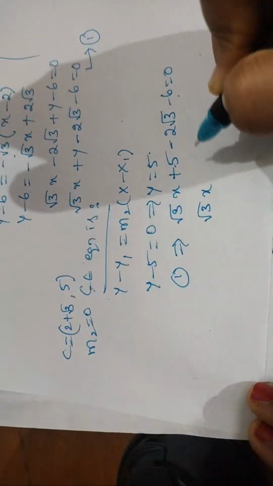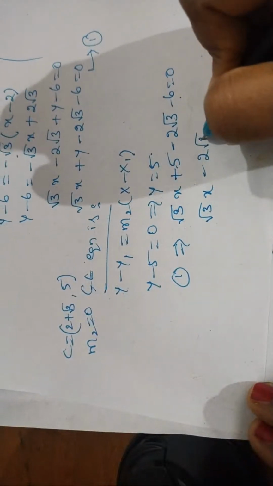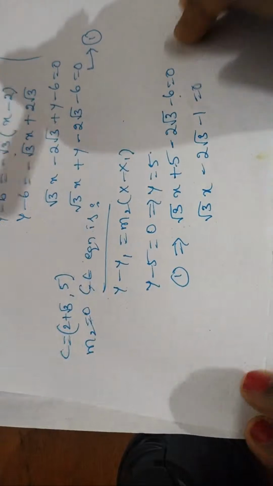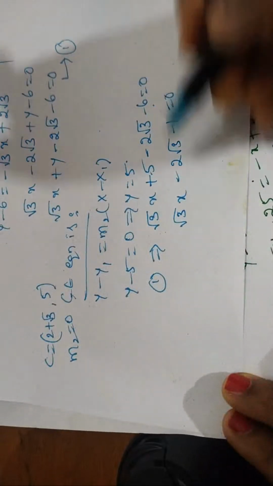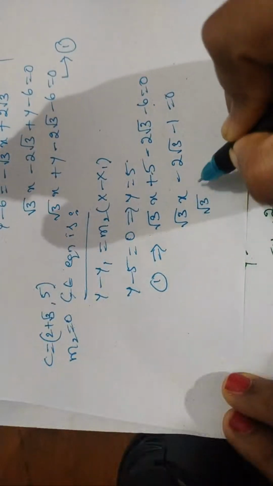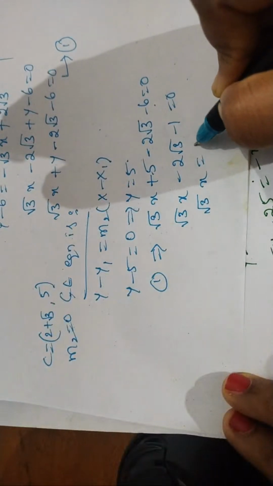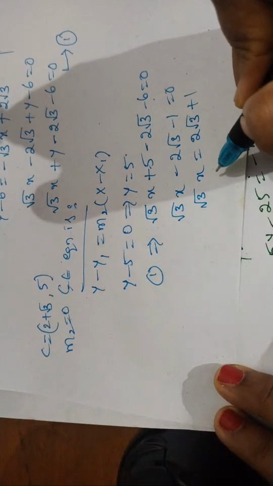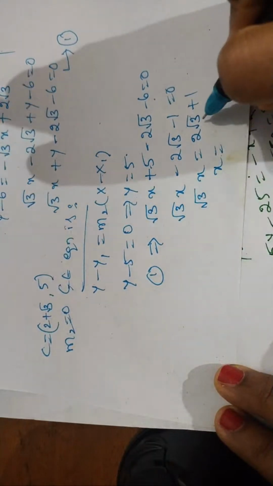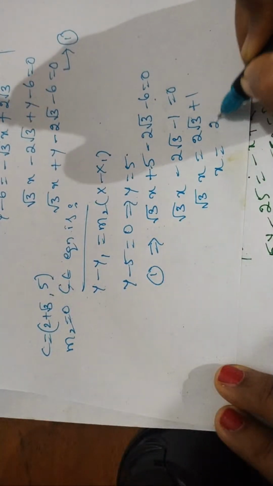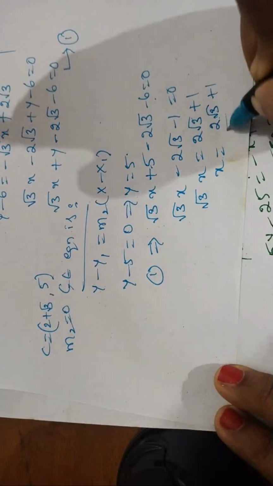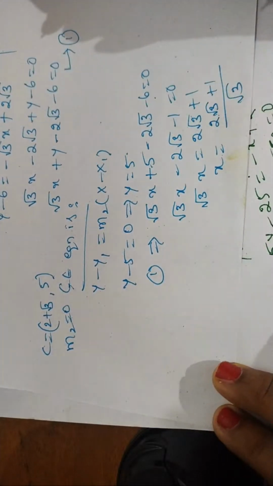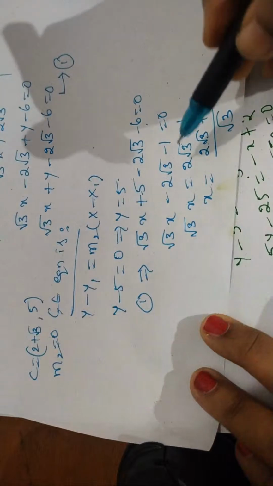So root 3x minus 2 root 3 minus 1 is equal to 0. Now send this constant to that side. We get root 3x is equal to 2 root 3 plus 1. Now we want only x, so send root 3 to the right hand side. We will get 2 root 3 plus 1 by root 3.